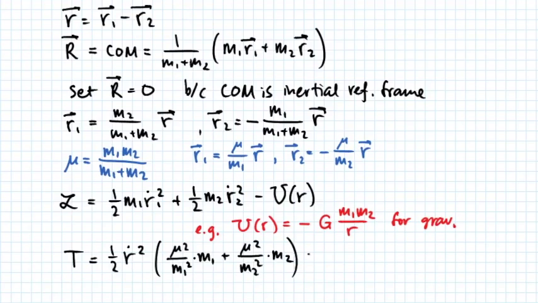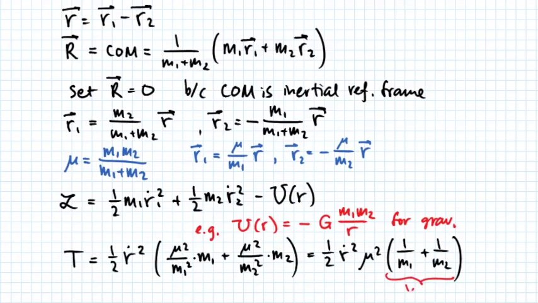Or, after simplifying, we get 1 over 2 r dot squared mu squared times 1 over m1 plus 1 over m2. And the parentheses are simply 1 over mu. So thus we get for kinetic energy simply 1 over 2 reduced mass r dot squared.